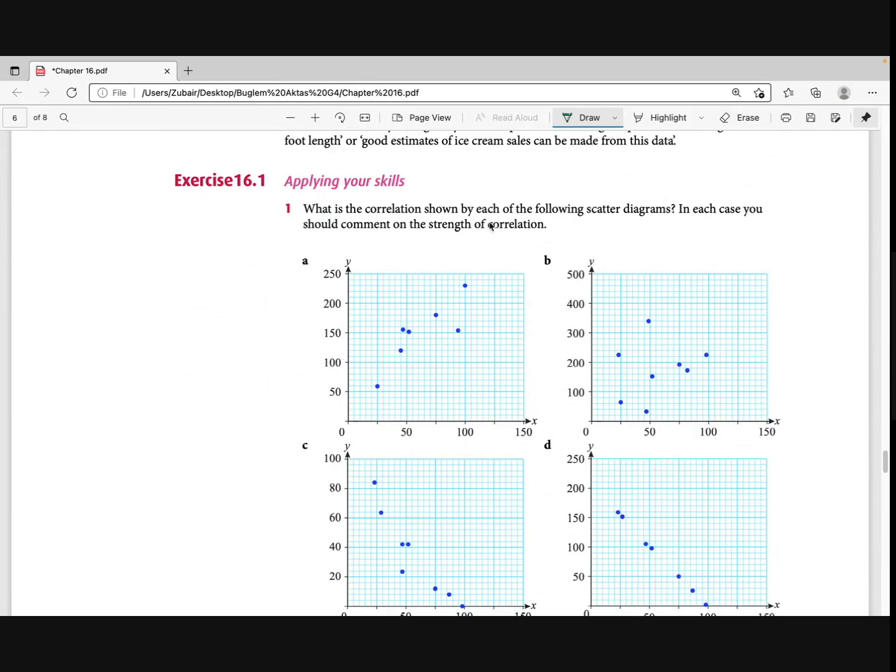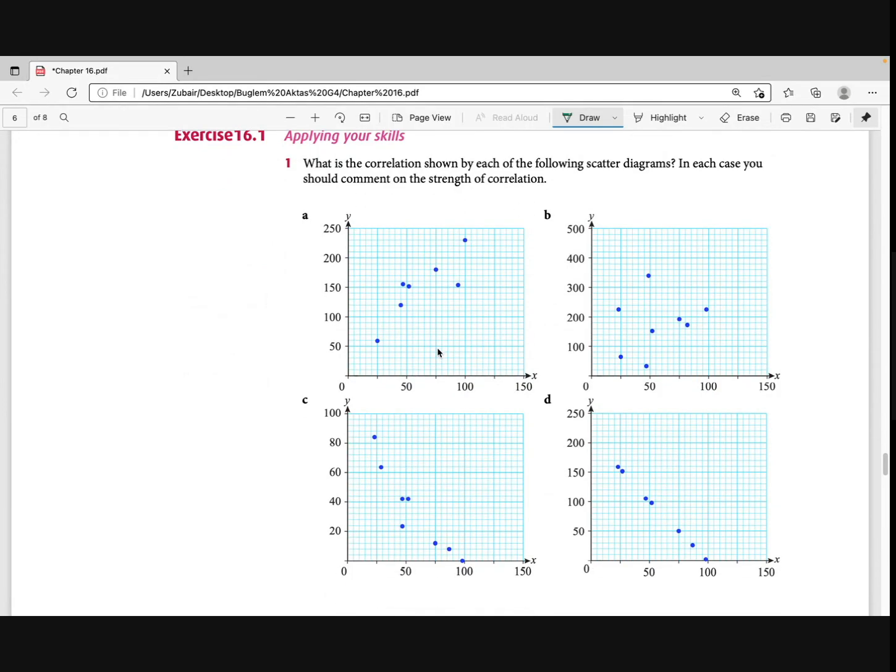What is the correlation between each of the following scatter diagrams? In each case, you should comment on the strength of correlation. First one, positive or negative? Positive. Strong or weak? Strong. Okay, strong, positive.